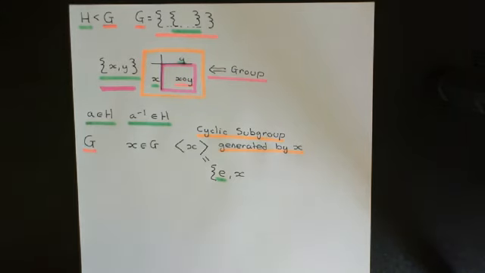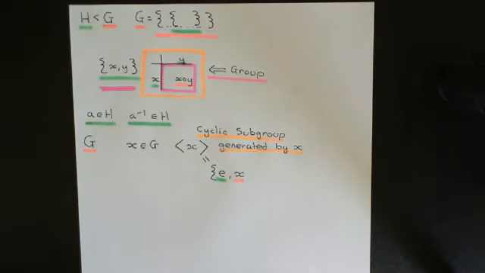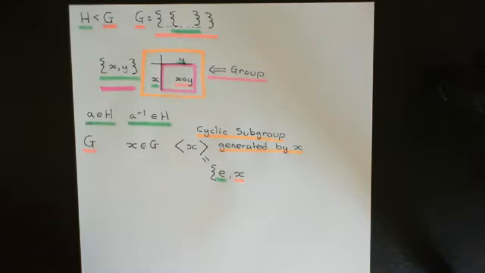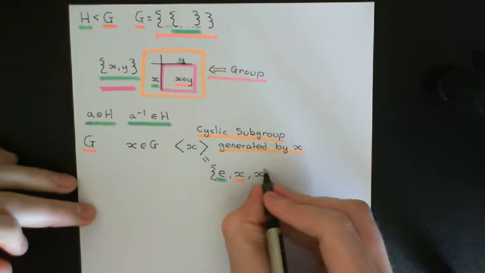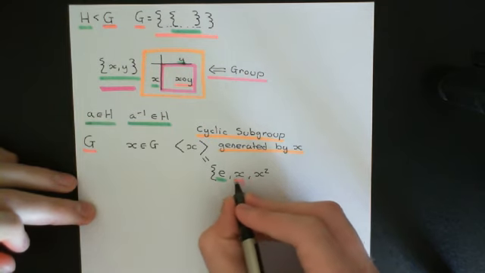Now as soon as we've got this element x in there, we're going to need x composed with x, quite simply because if our subgroup has to be closed under composition, then x composed with x also has to be in here. I'll denote it x squared, x composed with itself, and that has to be there the instant x is there.